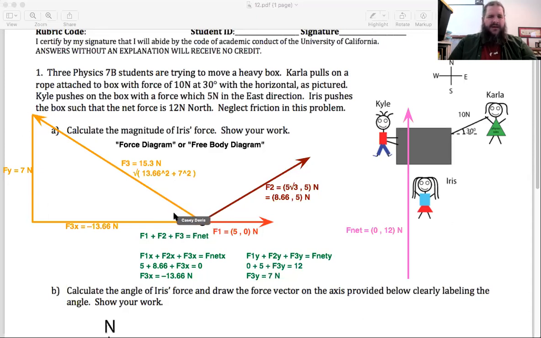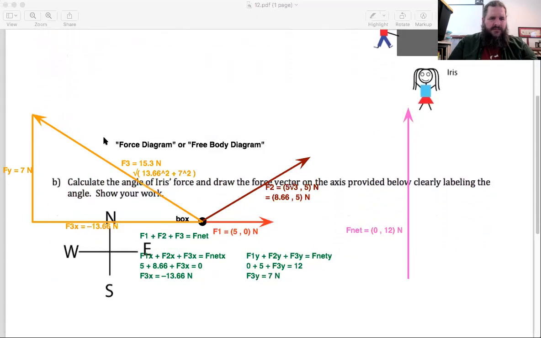And how do we find the direction here? How do we find this angle? Yeah, we could just set this up on the graph provided here.